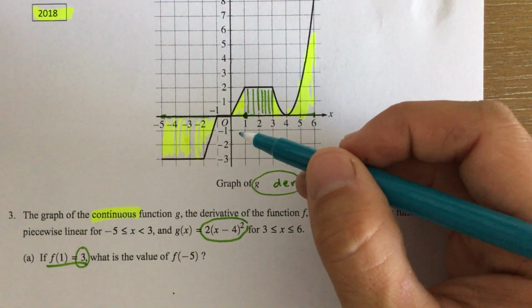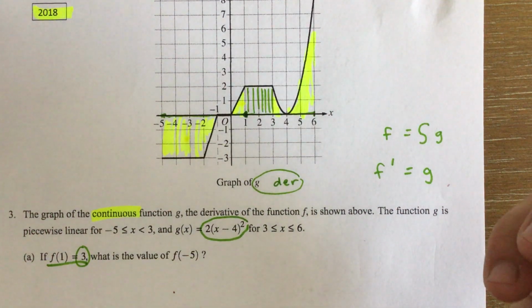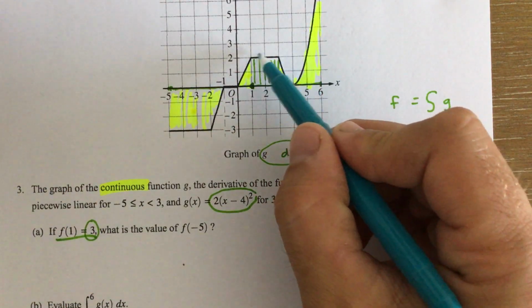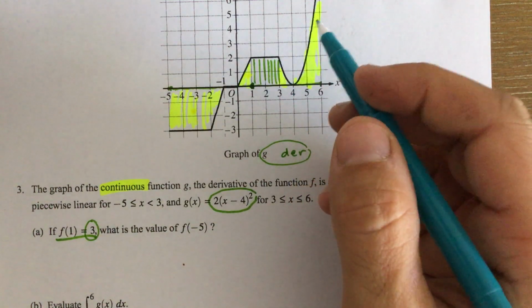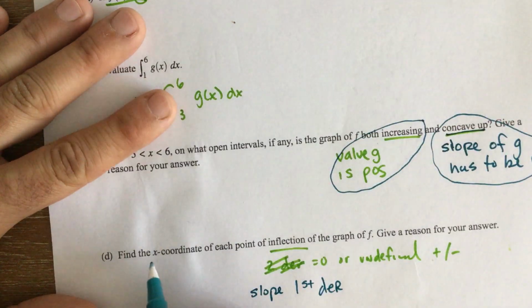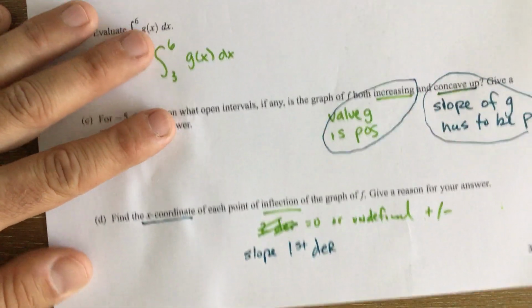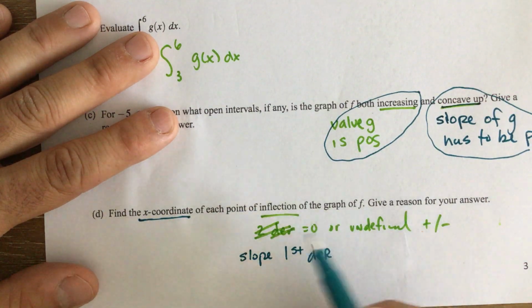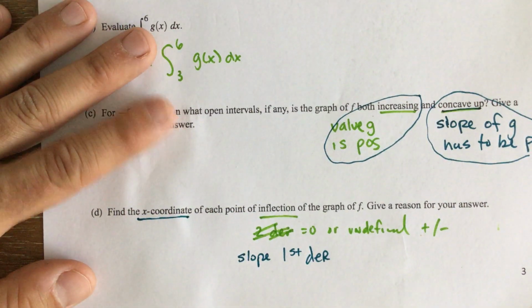When is it undefined? And it also has to have that sign change. So this might be something kind of goofy because the slope right here is 0, but is it going from a positive to a negative or from a negative to a positive? And once again, we are just listing the x part. All you have to do is just say what x values and give the reason for your answer. You just have to figure out the x values, okay?